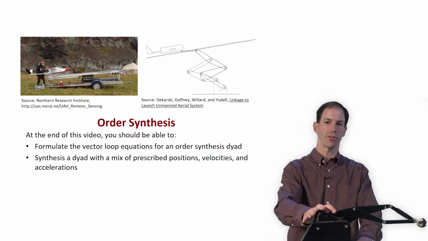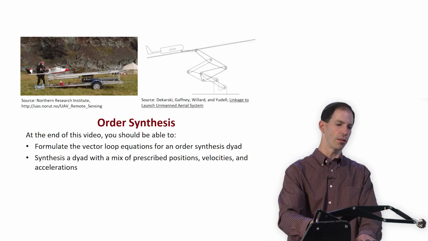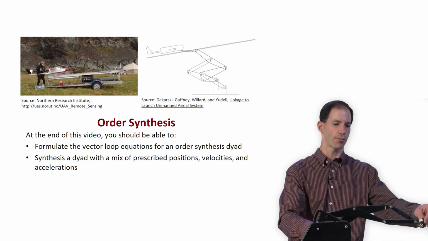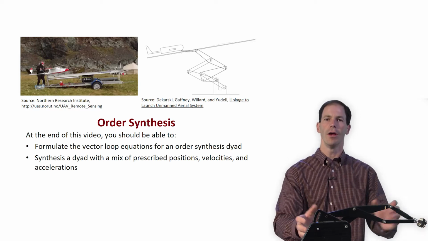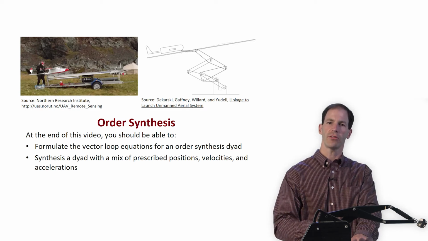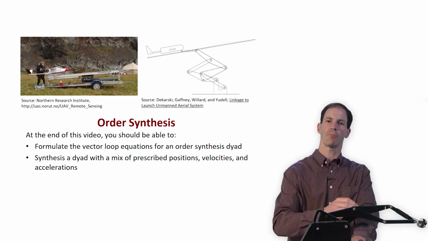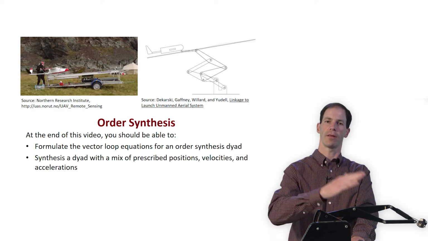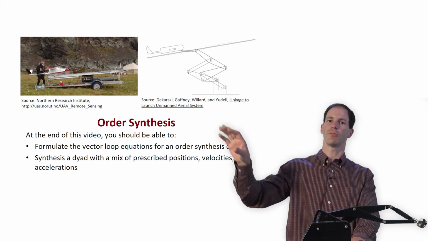Another example happens to be what's sitting in front of me. This is a launching mechanism that's used to throw some sort of a ball or something else. And you can imagine that I am going to want to specify how fast that ball is going, and also at the release point, I'm going to want to specify that the arm stops and then allows this ball to keep moving.